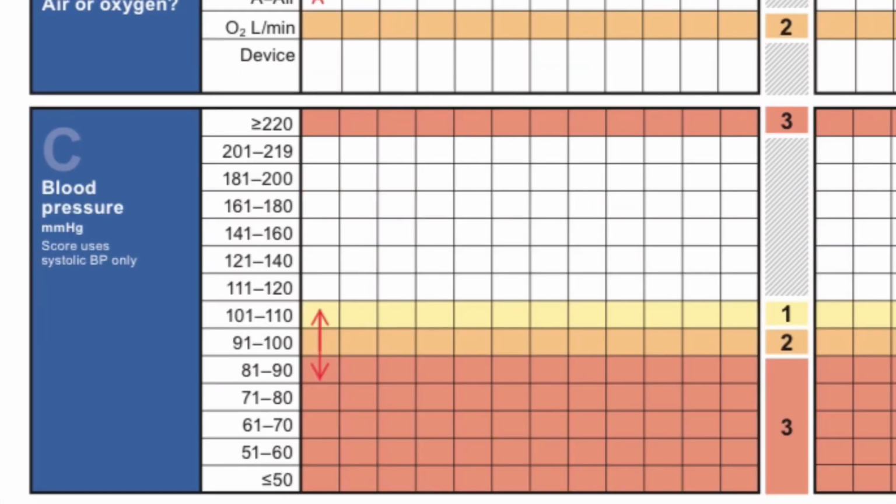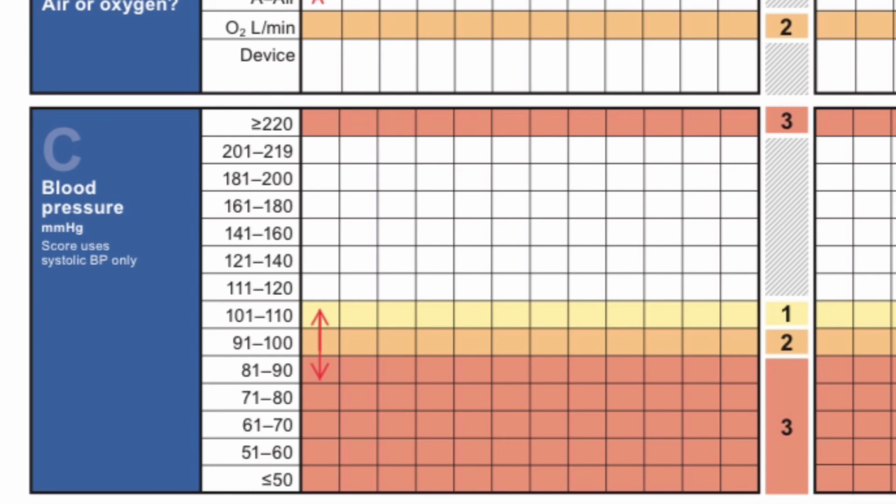Then we can see how the blood pressure is recorded. You have to use the arrow mark, the same as the NMC used here. Use the same arrow mark, don't try your own way. If it is between 101 to 110, just put the arrow in between there.